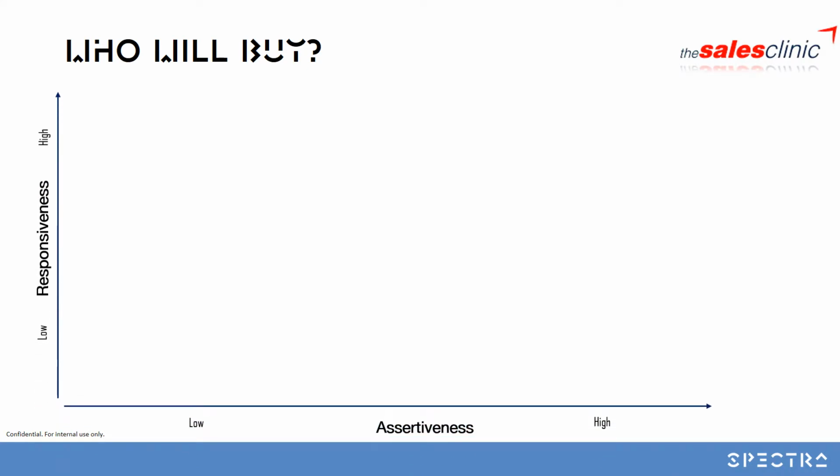Assertiveness is how someone voices their opinion without making others feel bad. Responsiveness is how someone uses their emotions while responding. People low on assertiveness would ask questions and make requests. However, those high on assertiveness would be demanding and make statements.